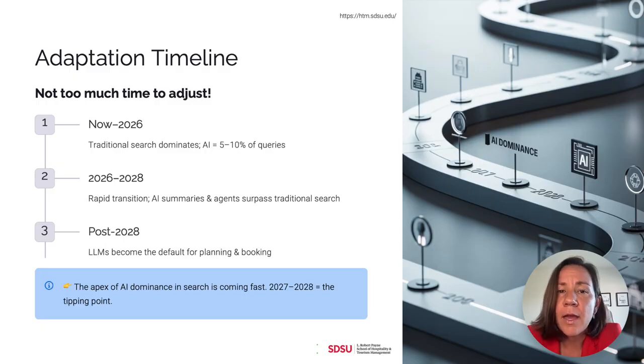Bottom line, the apex of AI dominance in search is fast approaching, with many projections converging on 2027-28 as the tipping point when LLMs become the default. The foundations of that shift are already here. AI overviews, declining traditional clicks, and rapid chatbot adoption.